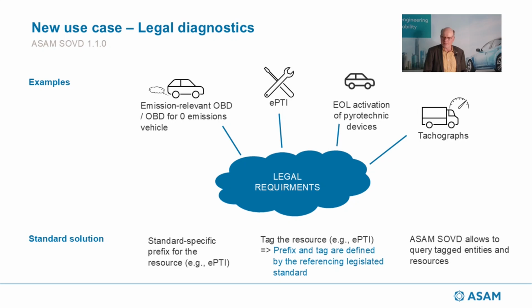And you see here that we have not only APTI, we also have OBD for zero emission vehicles, we have tachographs in mind and so on. And ASAM will go to these authority bodies and speak with them, after our standard, and we come to this later, is an ISO standard.